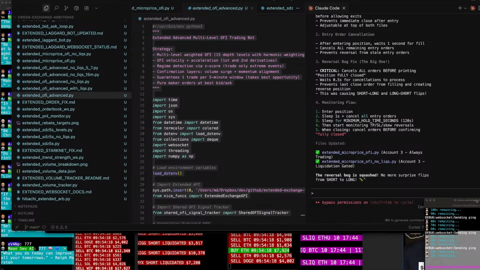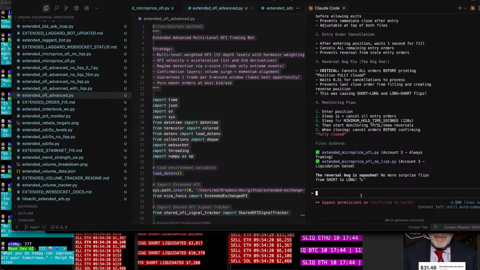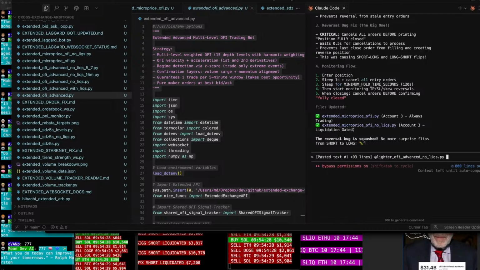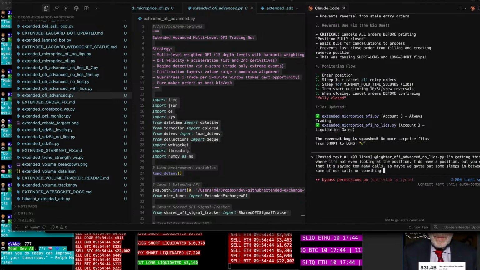You're just as locked as I. Let's say at Lighter, I'm getting this where it's not even looking at the position. I do have a position, but you can see that it's saying too many calls. So maybe we gotta put some sleeps in between some of our calls or something. And if there's any other ideas, go ahead and fix that. Thank you.